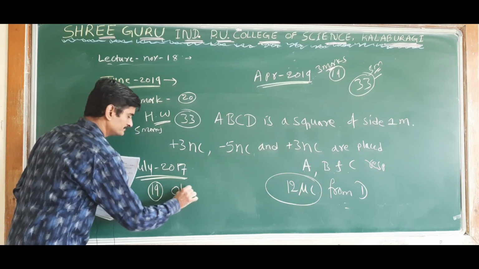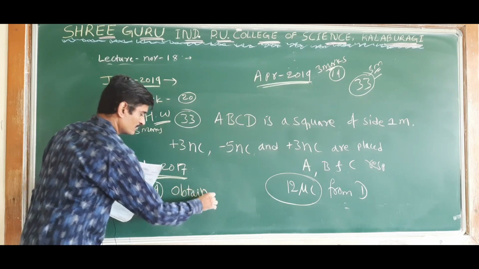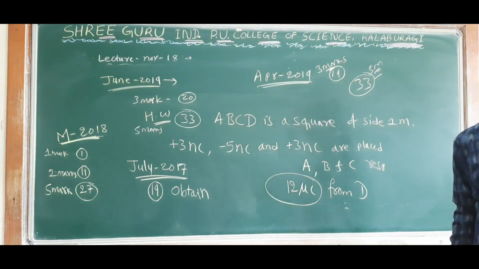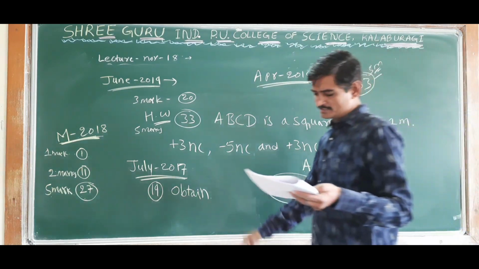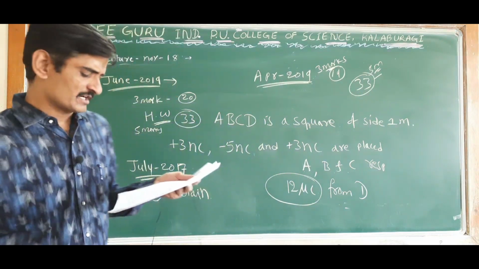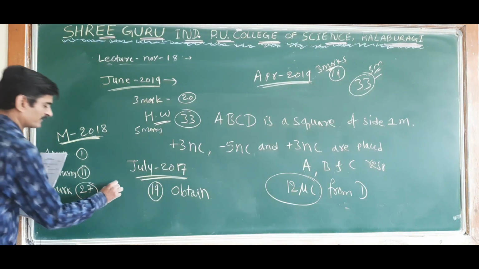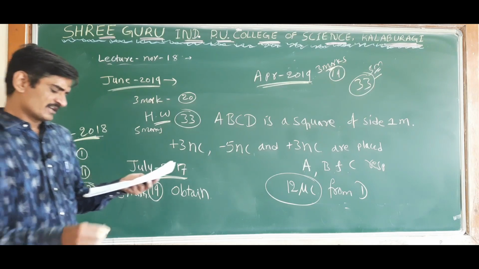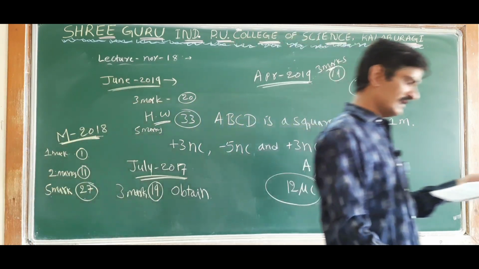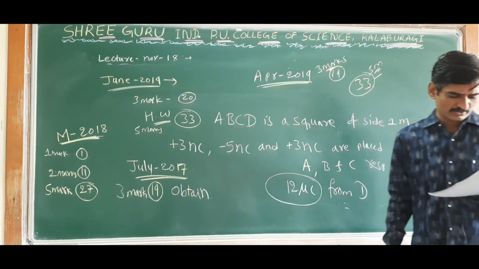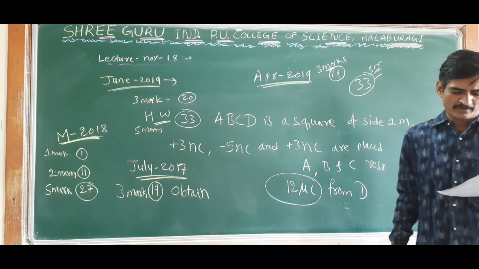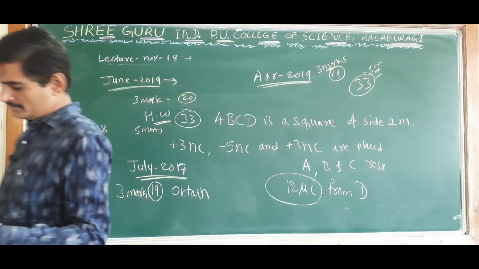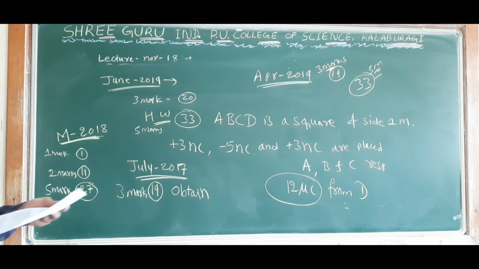Obtain the relation between electric field and electric potential due to a point charge. This is for 3 marks in July 2017.